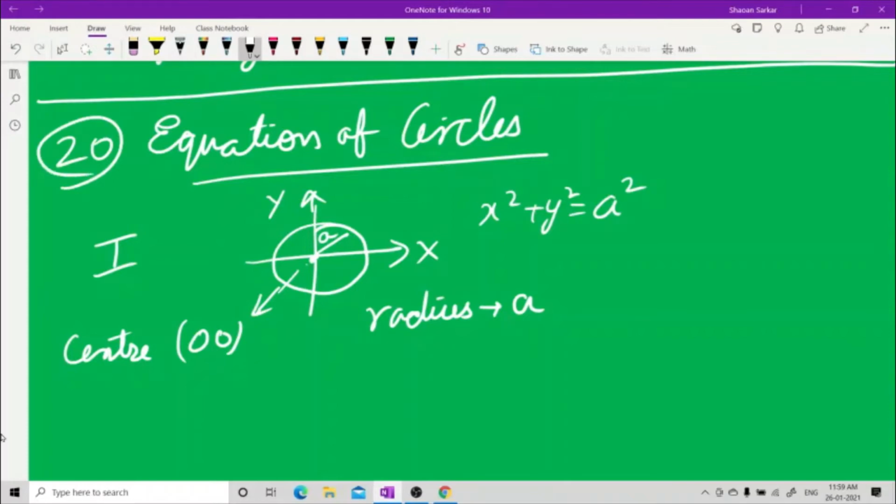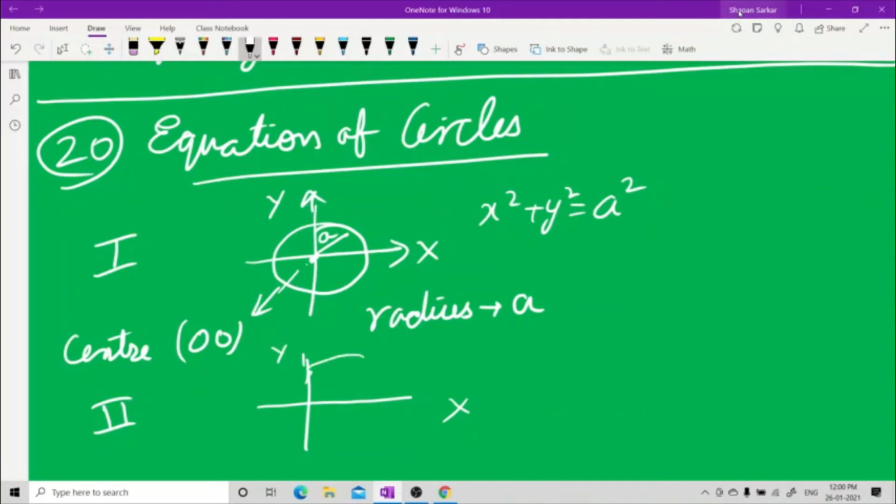Now, we'll do the second equation of a circle. Suppose the circle is like this. This is your x-axis, this is your y-axis.